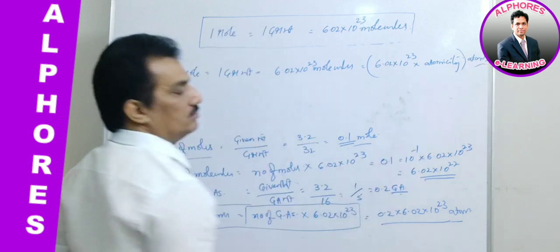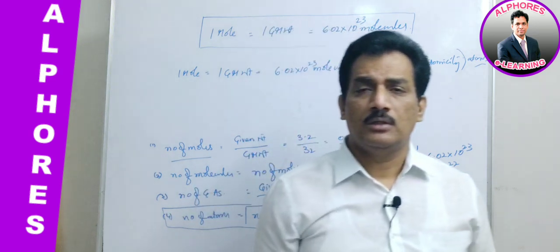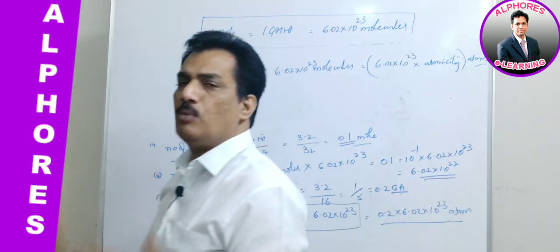What is atomicity? Atomicity is nothing but the number of atoms present in the given substance molecule.